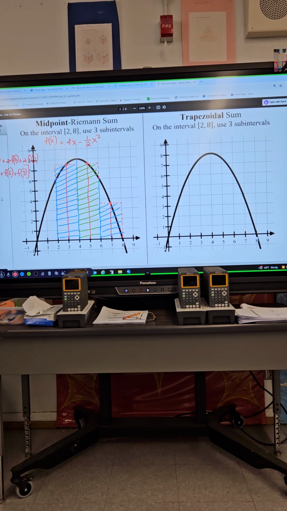Give me the answer in fraction also. 15 halves. Plus, we have 7. If this is 7, this is 28, right? 28 minus 49 halves is 7 over 2. 7 halves? Okay, 7 halves.